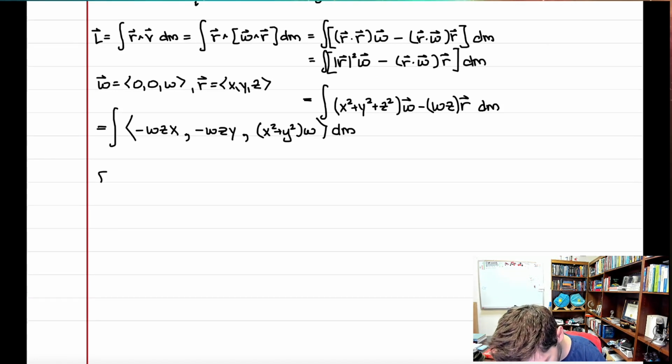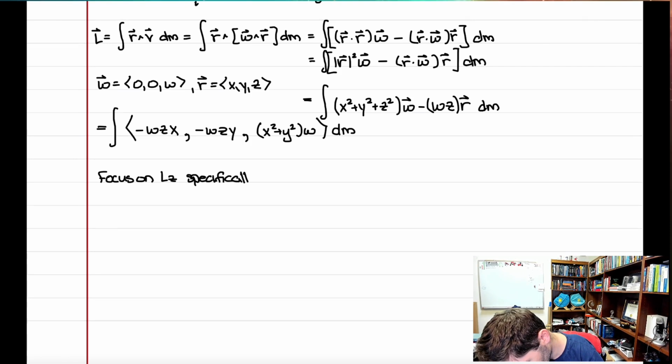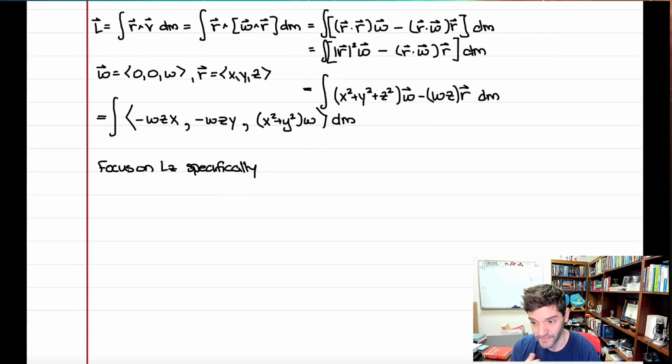And so now we're simply going to focus on the z component, L sub z specifically, and how that particular component of the angular momentum can or cannot change, while holding the axis of rotation constant.